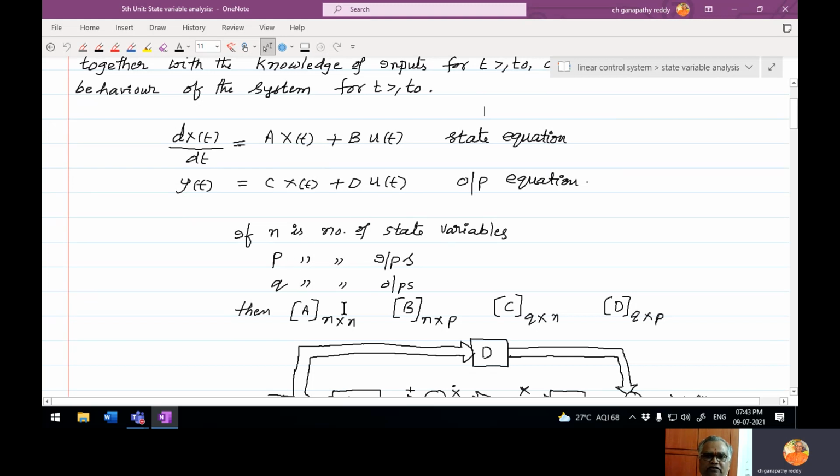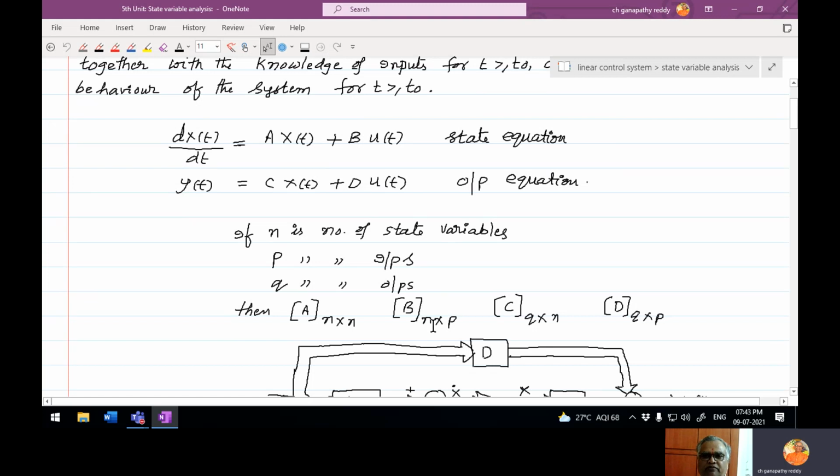Then B is n into P, because the number of state variables is n, and P is the number of inputs. Imagine B is a matrix of n into P, because u1, u2, u3 depend on the number of inputs.